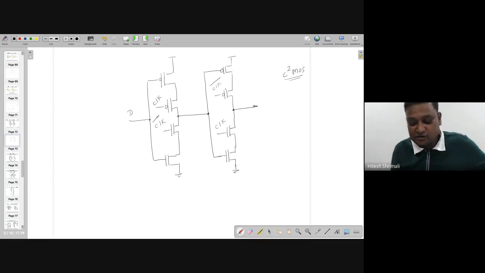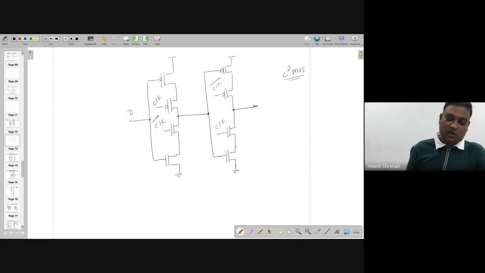So here let's assume that the clock is 0 and clock bar is 1. By the way, this technique is C-square MOS, where the first thing is clock equal to 0 and clock bar equal to 1. Let's keep those things open.